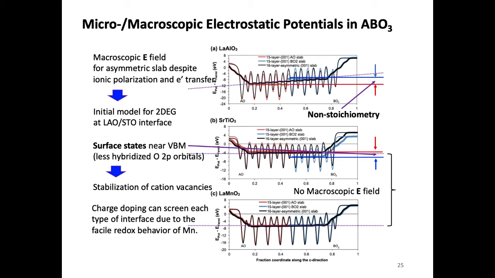It's less hybridized O 2p orbitals, and therefore you can see, even though there's no macroscopic E field, the potential level is going down, and that can stabilize cation vacancies. And if you look at LMO, charge doping can screen each type of interface. So no matter what type of layer you have, asymmetric or symmetric, in all cases you will have the same potential distribution, which is amazing. And this is due to the facile redox behavior of manganese.